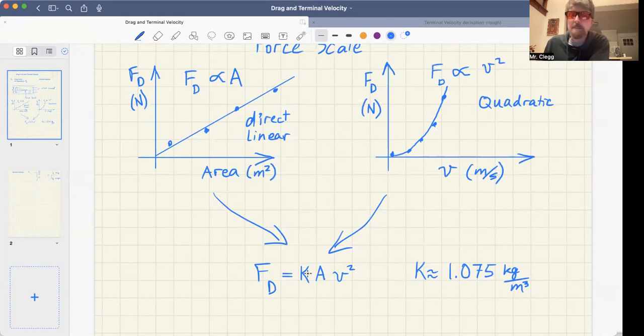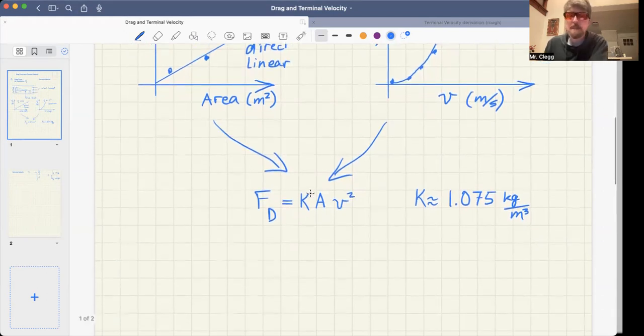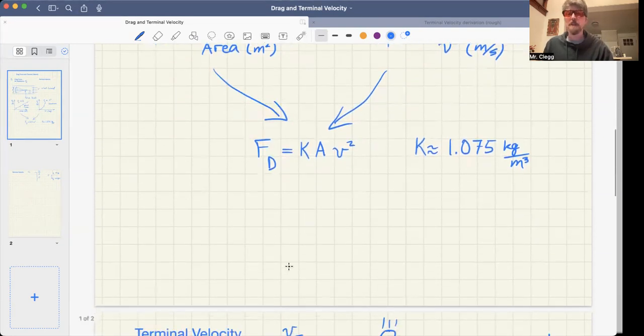The proportionality constant in this case for a parachute in air is approximately 1.075 kilograms per cubic meter. Those units don't really mean much except to make sure that the units of all the other things work out, like newtons, meters squared, and meters per second, all squared. And so there you have your drag equation. All right, that's pretty cool. Sometimes you'll see this K as different things. I put them all together just to keep things a little simpler here.